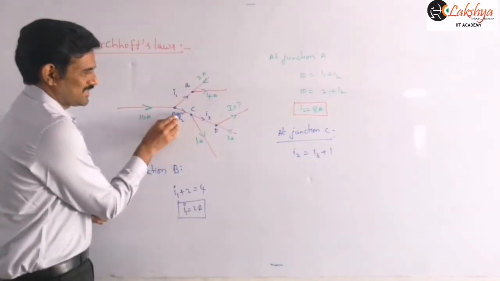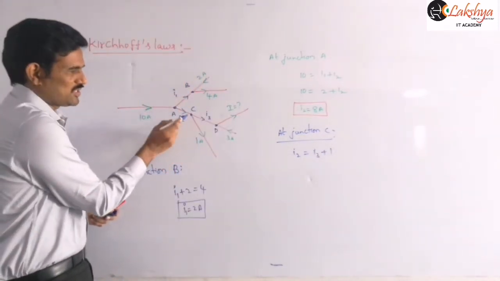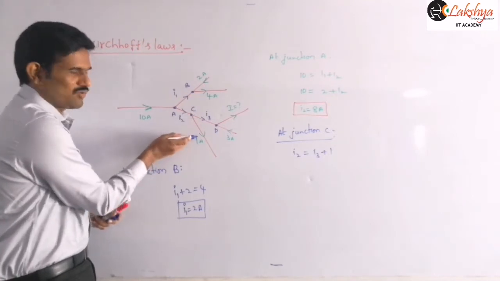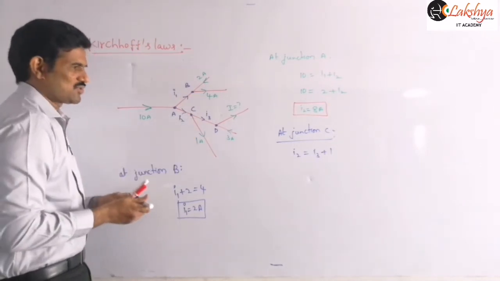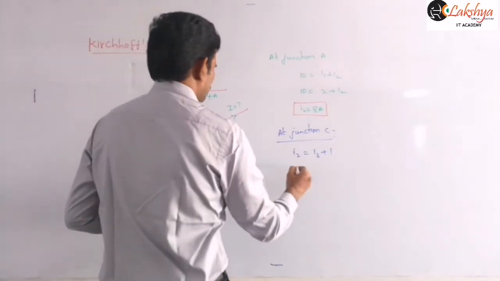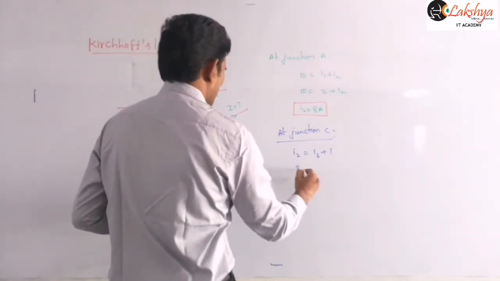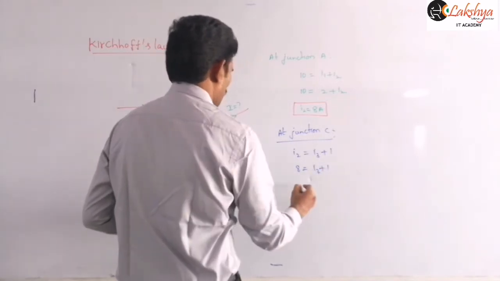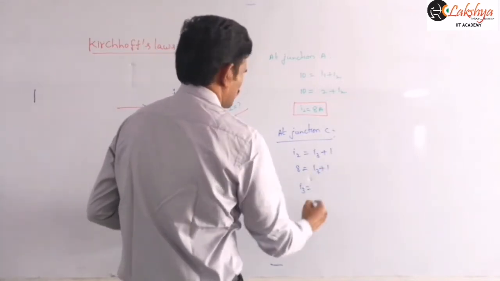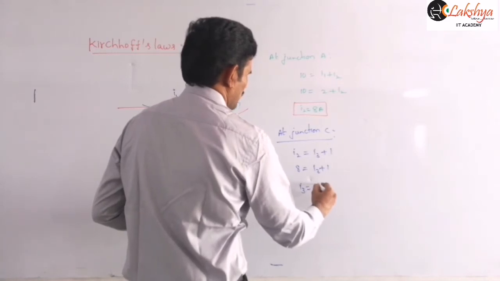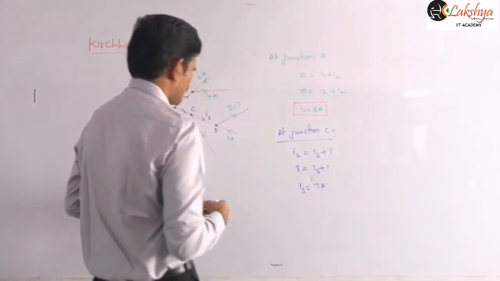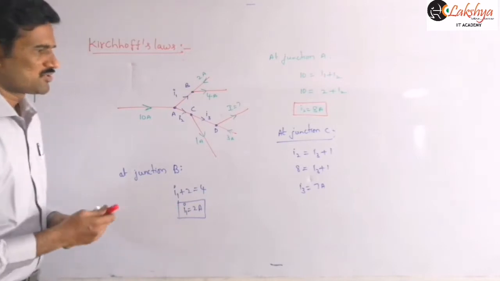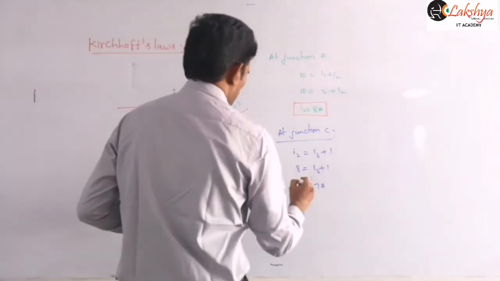So at junction C, I2 is the current flowing into the junction and this I3 and 1 ampere are flowing out of the junction. So I2 is 8, equal to I3 plus 1. Therefore, I can write I3 is equal to 7 amperes. So that is the current between C and D. That is, 7 amperes current is flowing there, right?